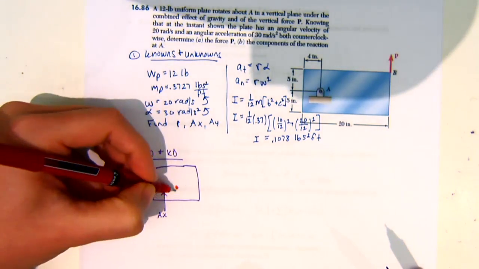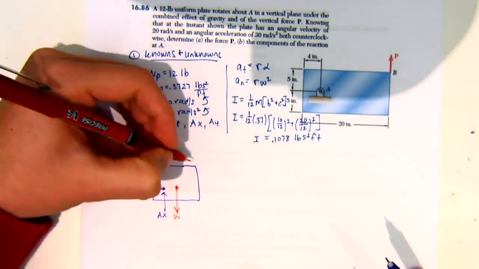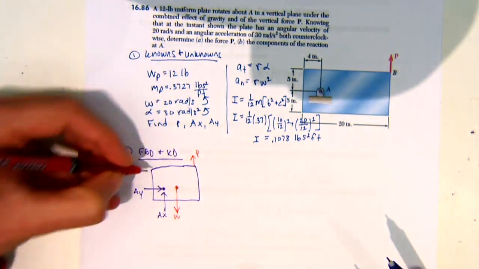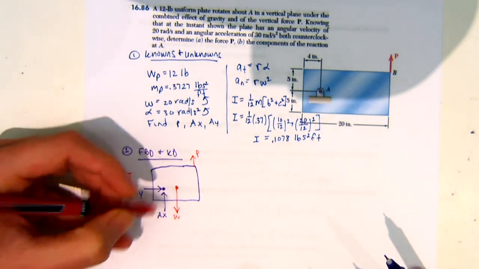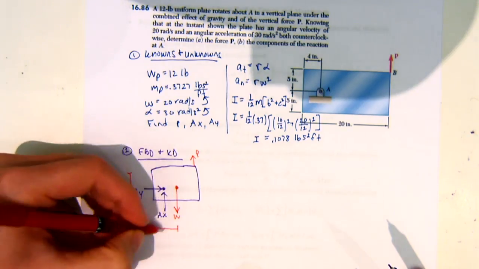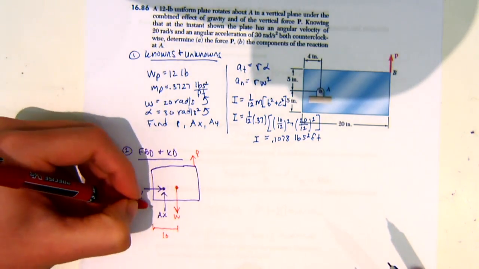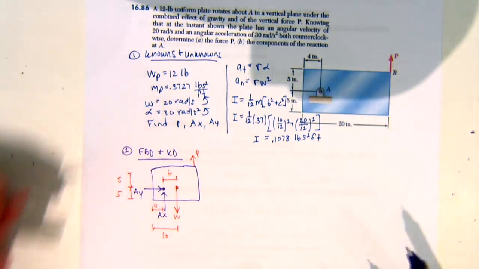This should be centered. I have the weight applied at the center, and then I have the force P at that top corner. So this and this are both 5. I know that the distance from W to the end is equal to 10, and I know that this distance is 4, therefore this distance is 6.